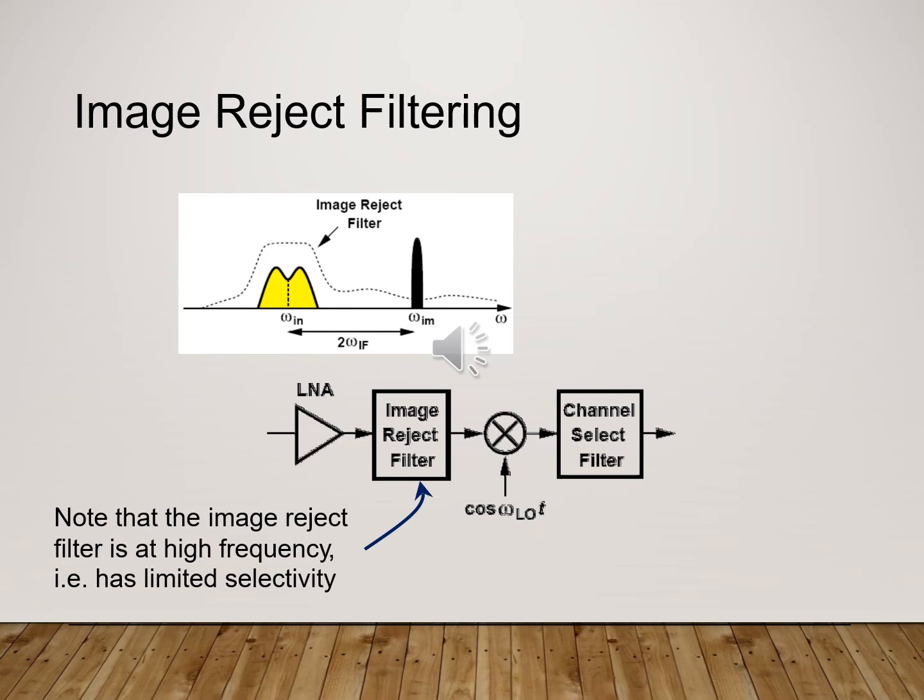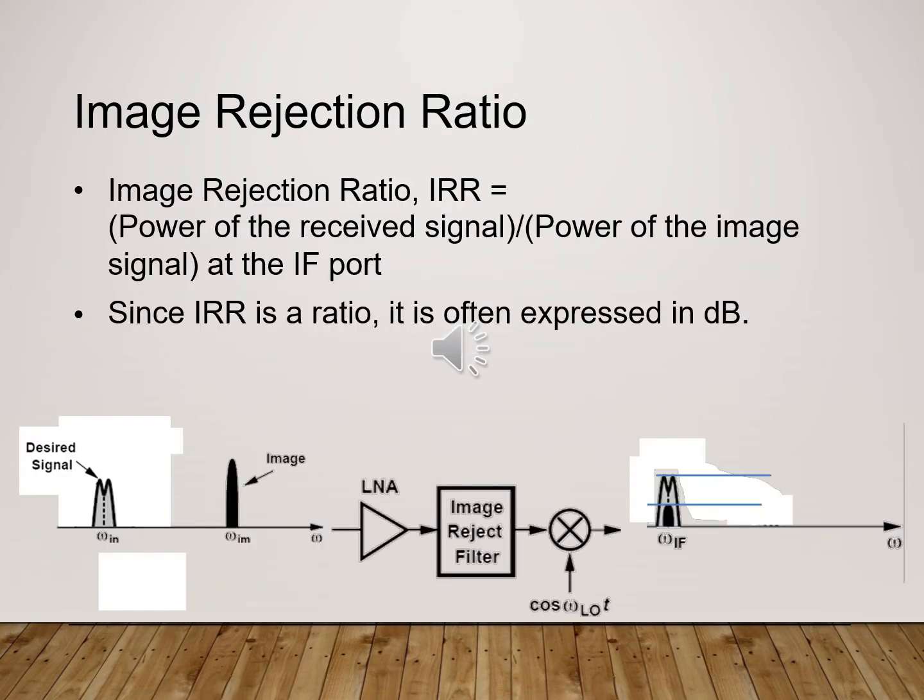So we need this filter to clear out the components of image frequency. As you know, the image rejection ratio is used to study how well we cleared out the components of image frequency.